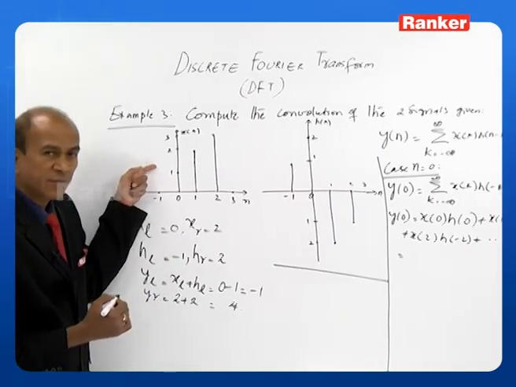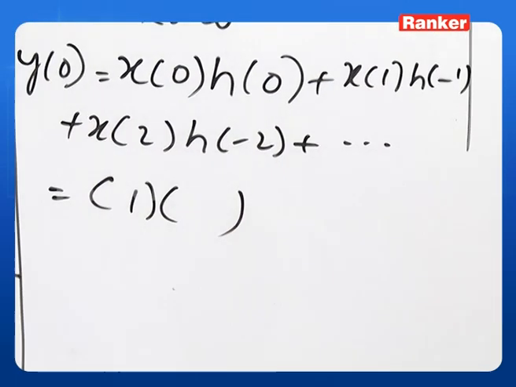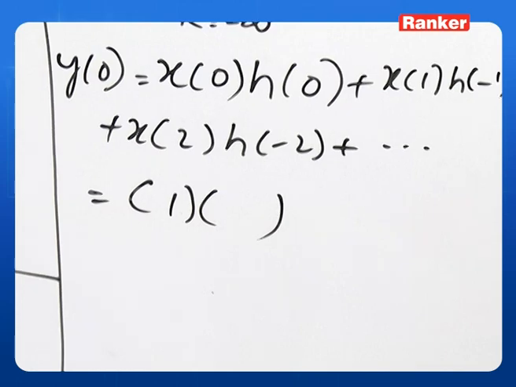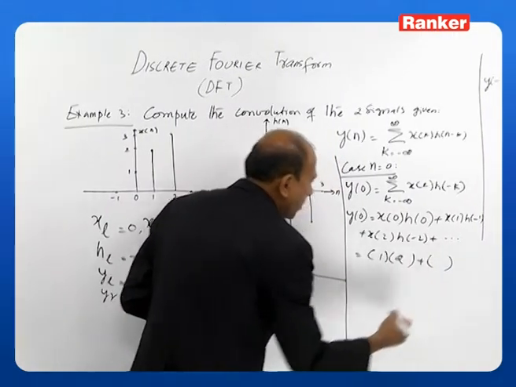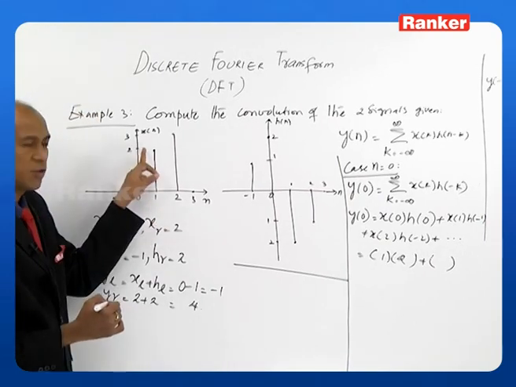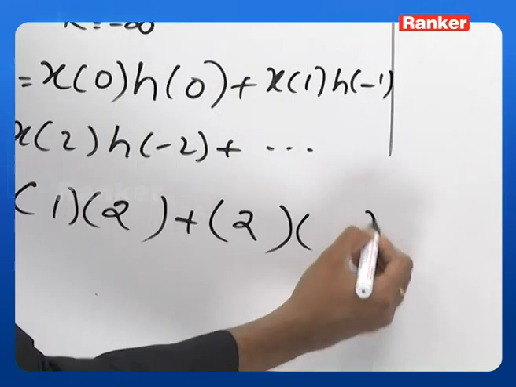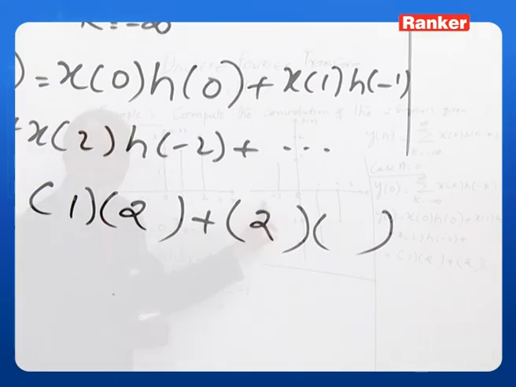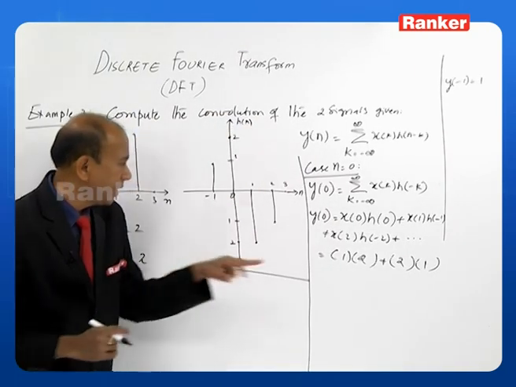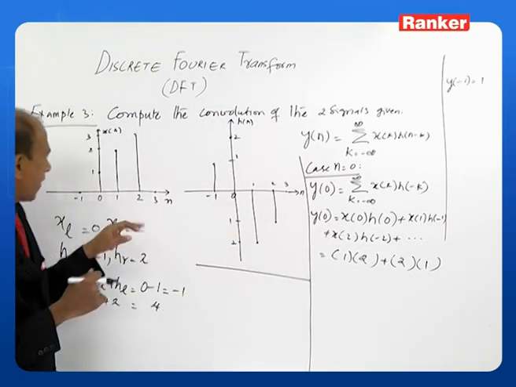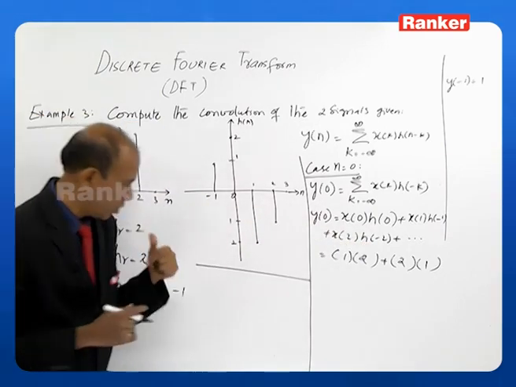X of 0 is 1, h of 0 is 2, plus x of 1 is 2, h of minus 1 is 1, and x of 2 is 3, but h of minus 2 there is nothing, so that will be 0.